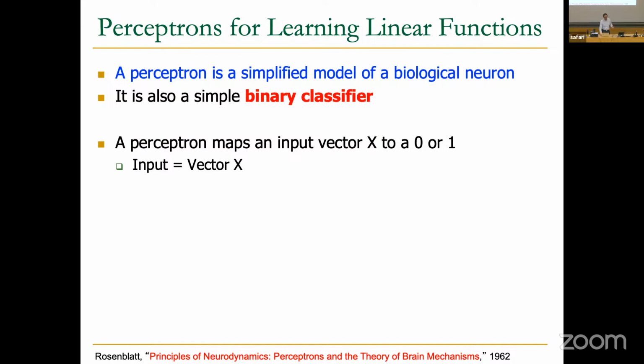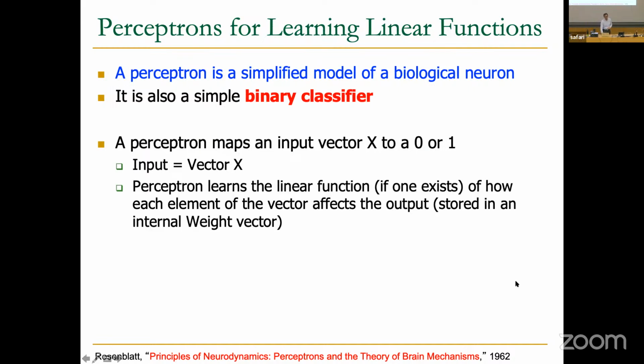Now, what does that mean, essentially? So input is some vector x. Essentially, it's a set of values. And the perceptron learns the linear function, assuming one exists, of how each element of the vector affects the output. Okay? And this is stored in an internal weight vector. There's a weight associated with each element of the vector, and you basically learn how each element affects the output.